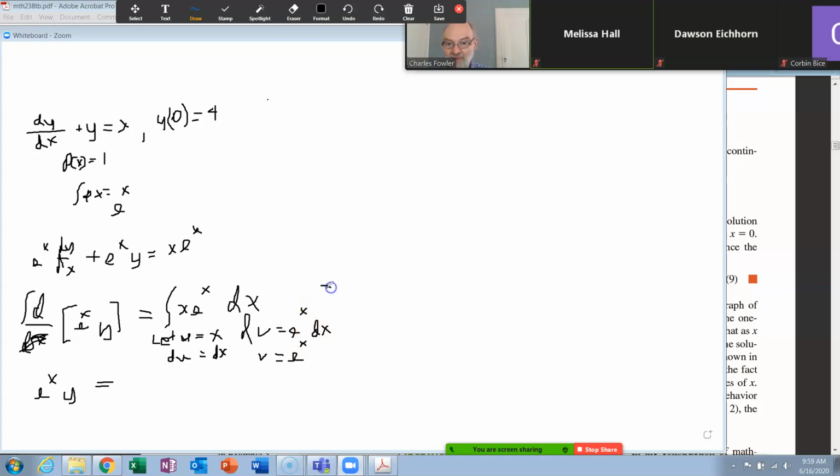Integration by parts follows that. When you do this, your answer is the product of these two, your u times v, and that is simply x e to the x. There is your first part, x e to the x, minus the integral of the bottom line, e to the x dx.